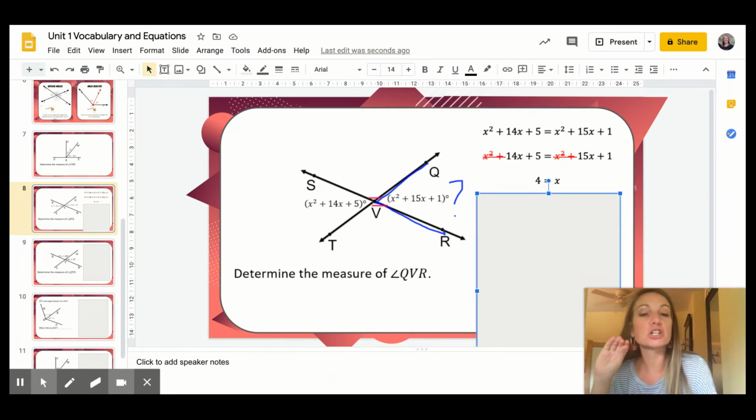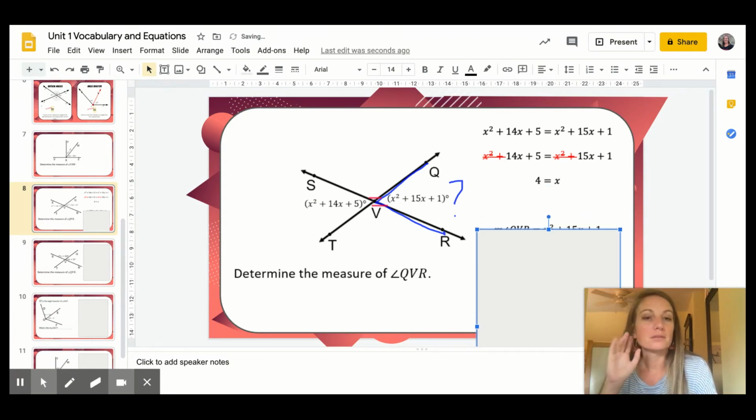We don't want that. We want the measure of QVR. So what are we going to do with that 4? We're going to take that 4 and substitute it in. So I'm substituting it into that x squared plus 15x plus 1. Technically, it doesn't matter, right? Because they're equal. But we do that.